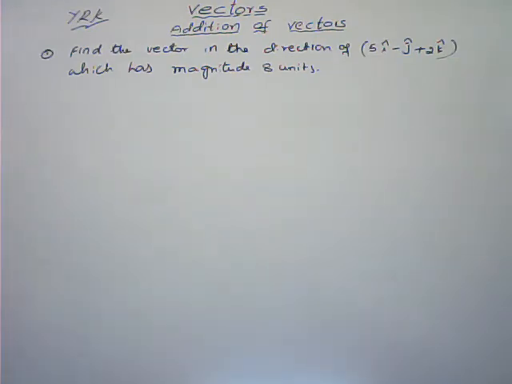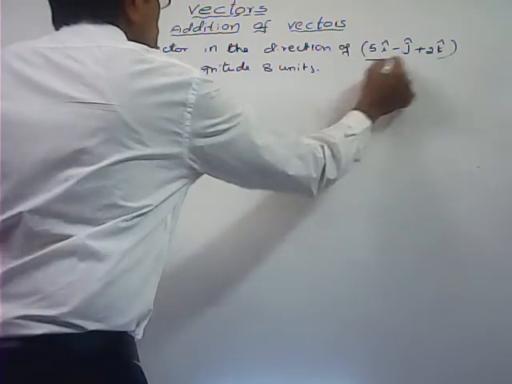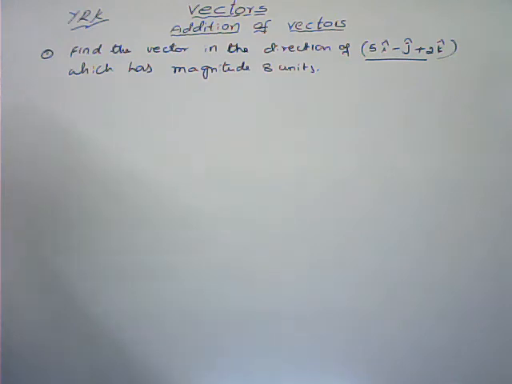Here some problems we can discuss now. Find the vector in the direction of 5 i cap minus j cap plus 2k cap, which has magnitude 8 units. We want the vector in the direction of this one and having the magnitude 8. This type of problems, first we have to find the unit vector in that direction.